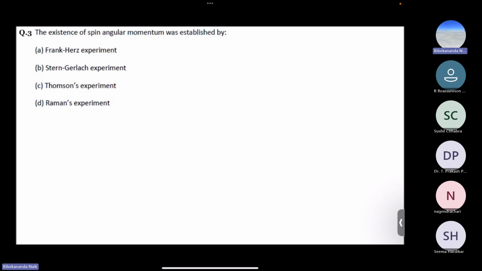So can anyone tell me which concept was explained by the Frank-Hertz experiment?